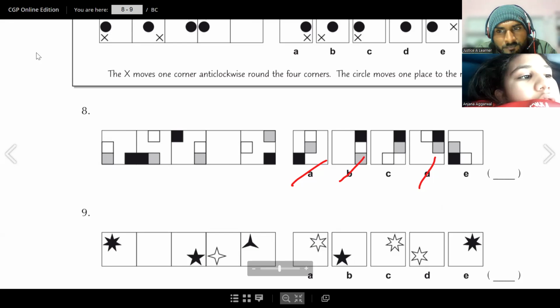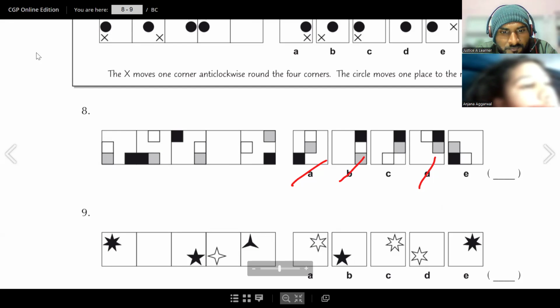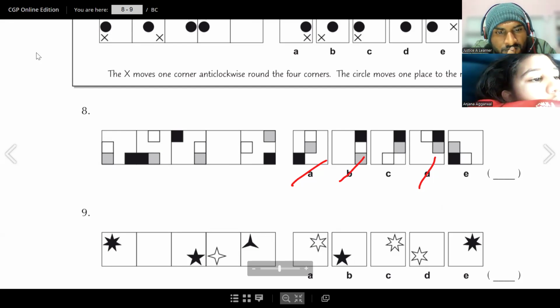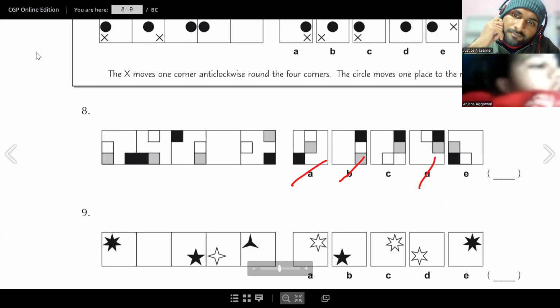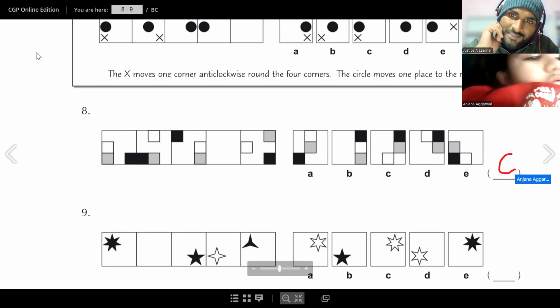Good observation. Now between C and E, you're stuck. So that's right. Oh, wait. Yep, the answer is C. Got it. Done. Great.